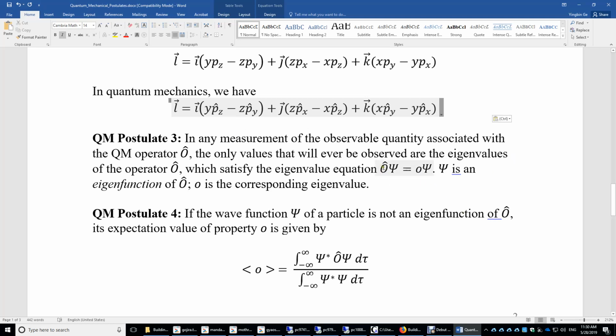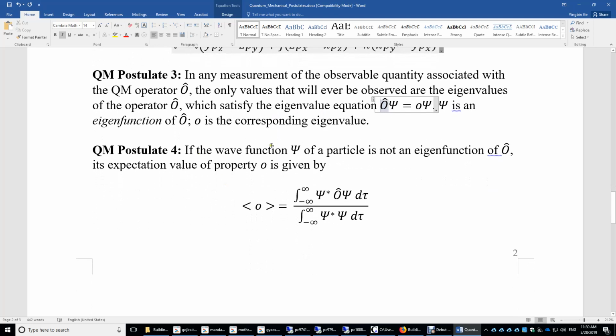So eigenvalue equation, this is operator O being applied to psi. Well, the result will have to be a constant, lowercase o, times the original wave function psi. And this small o is the eigenvalue, and this psi is the eigenfunction of this O operator.